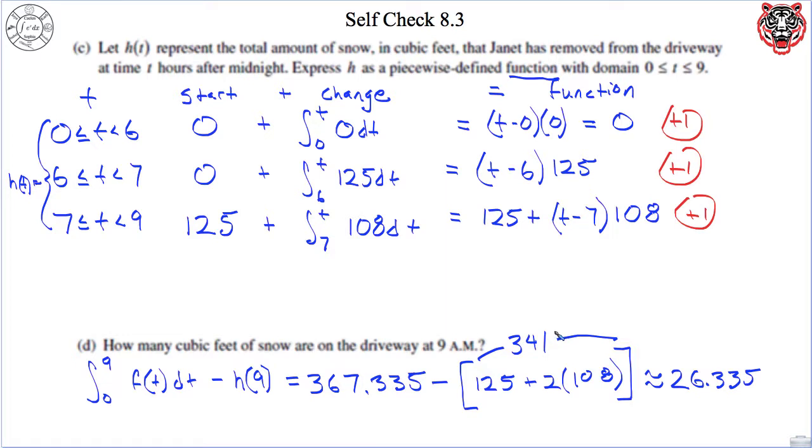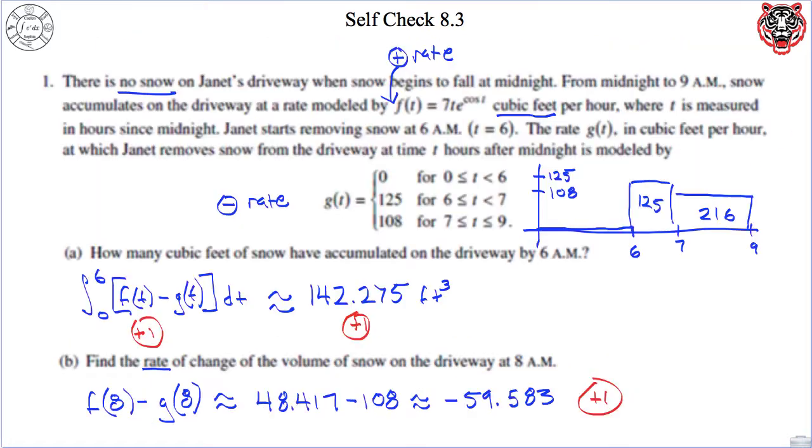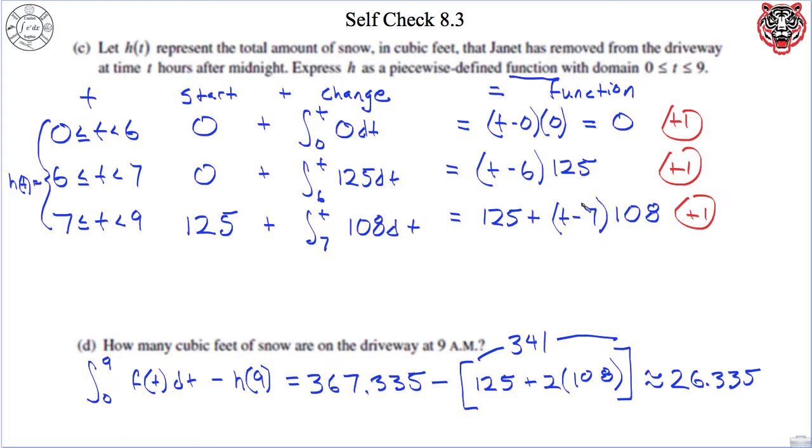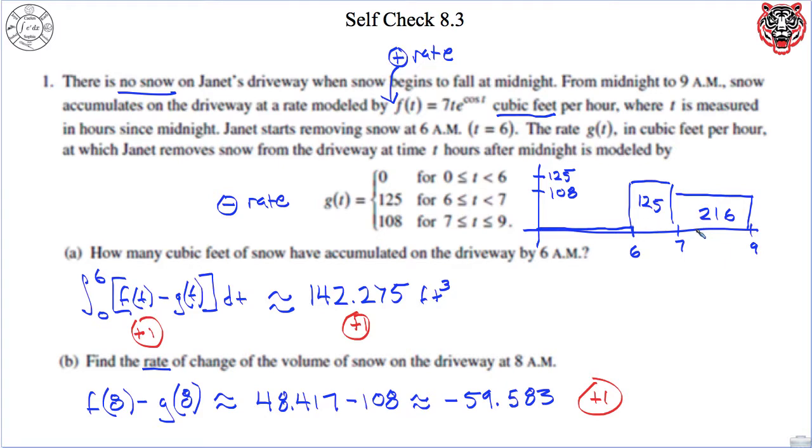So what I did is I did from 0 to 9, not from 7 to 9. In fact, I prefer this graph over just plugging it into this because I don't really have an understanding of what's going on there, but I definitely understand the 341. Even the 125 plus 2 times 108 is visually demonstrated by what's happening on this graph.